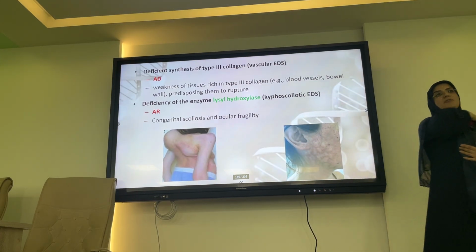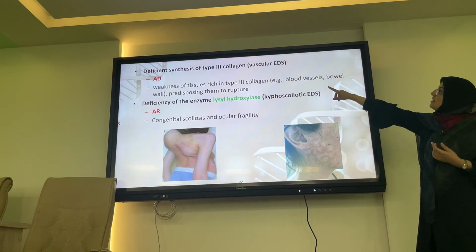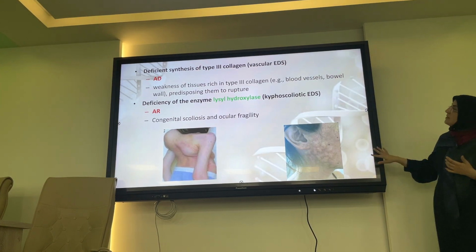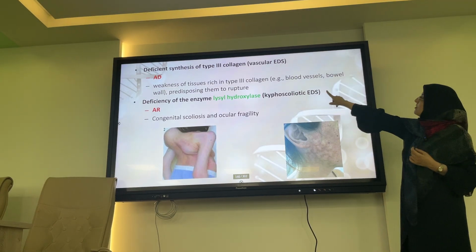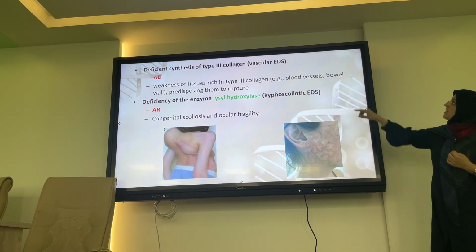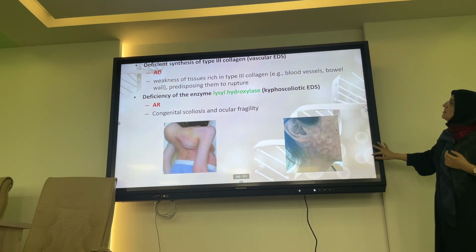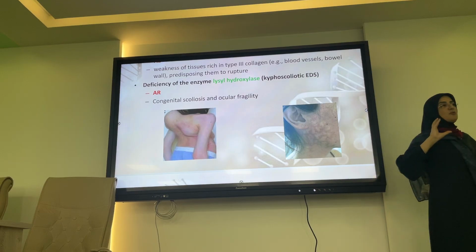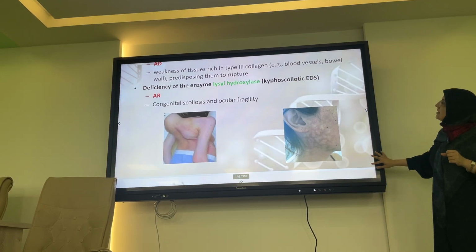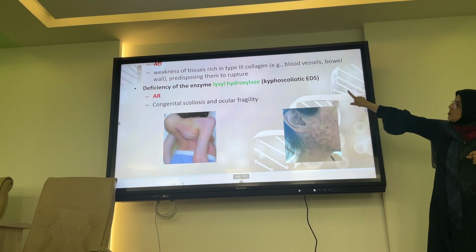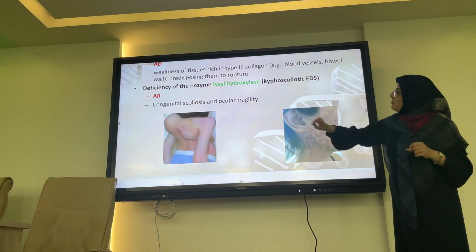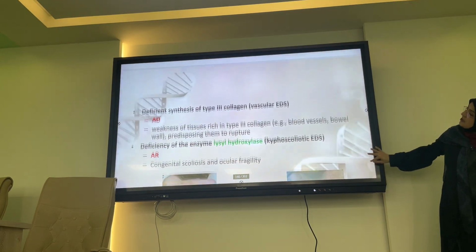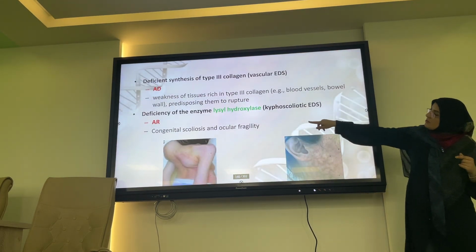In the vascular type of Ehlers-Danlos, there is a deficiency in synthesis of collagen 3. They have more of the problem in the vessels and in the intestinal system, which are too prone to rupture. In the kyphoscoliotic type, which is autosomal recessive, the previous one was autosomal dominant.